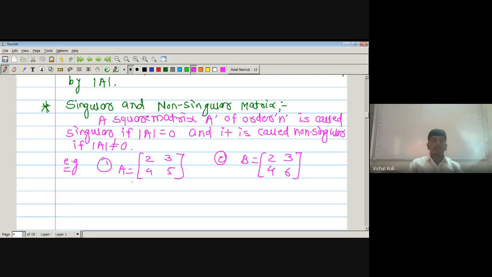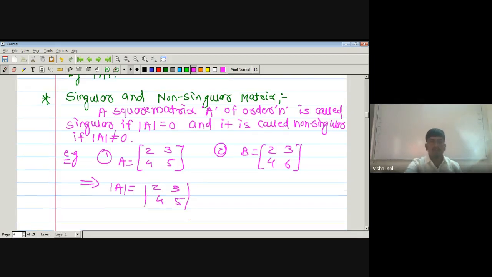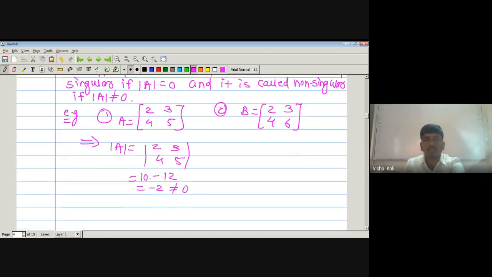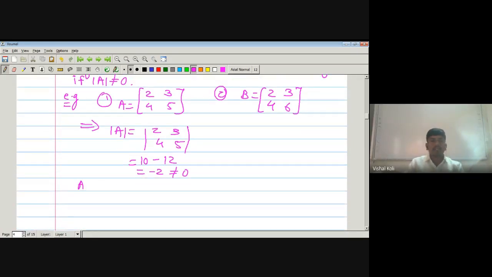Now the determinant of A is 2, 3, 4, 5, and this determinant value is 2 into 5, which is 10, minus 4 into 3, which is 12, and which is equal to minus 2. As minus 2 is not equal to 0, A is a non-singular matrix.